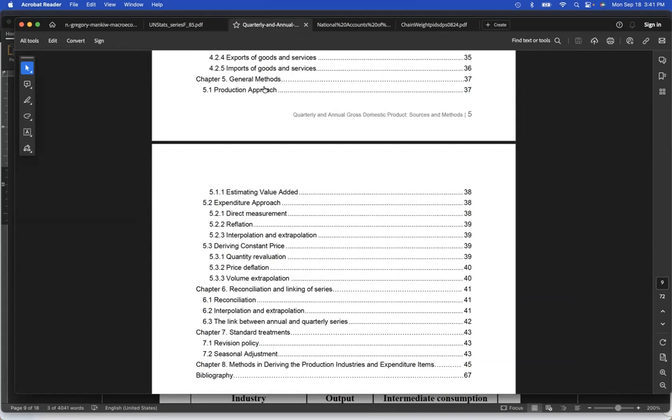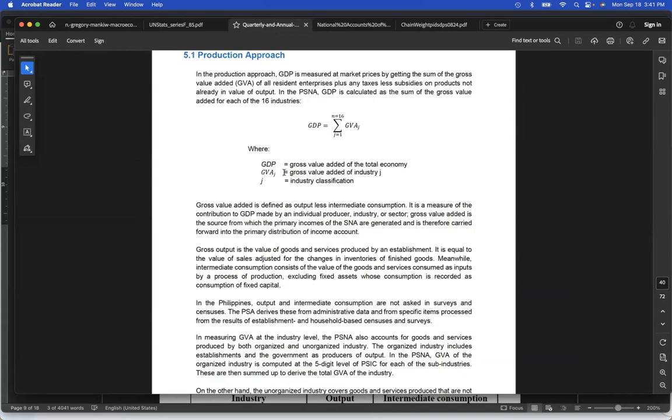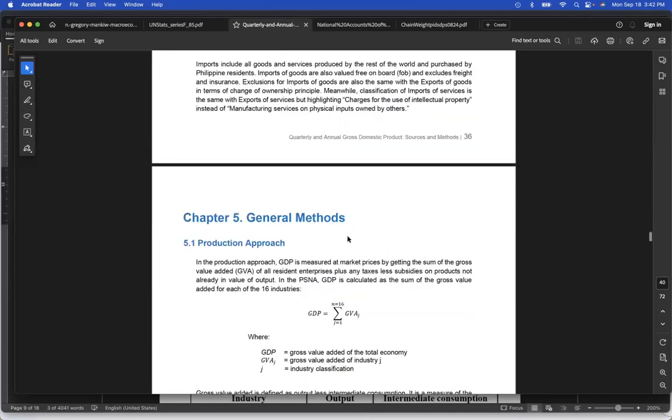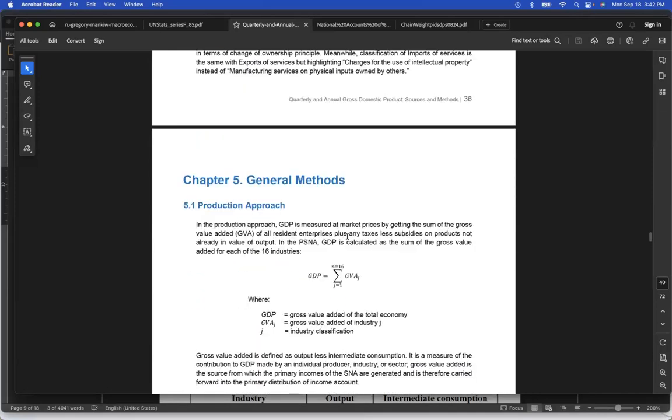General methods, the production approach, which we just talked about. This is exactly the one we talked about earlier, the GVA from the different industries. And that's the production approach. Anything else? I think that's it.